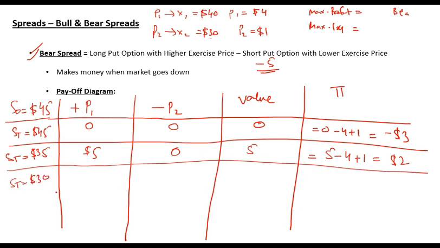If you have a price of $30, what is the value from first one? $10. Second, 0. And profit will be 10 minus 4 plus 1, which is $7.